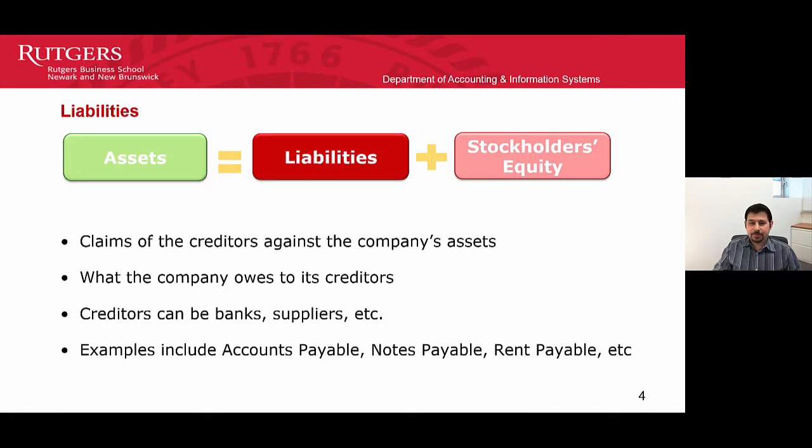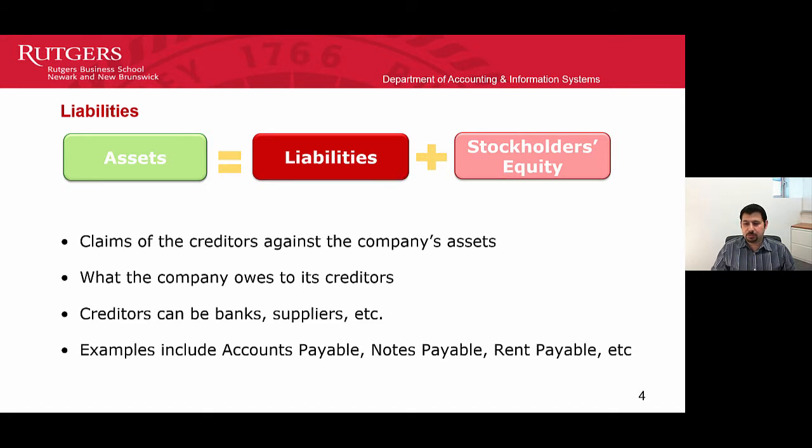When we talk about liabilities, basically we are talking about debts. So these are the claims of the creditors against the business assets. In other words, those are the obligations and debts that the company has to pay. And creditors can be anyone who has lent the company money.